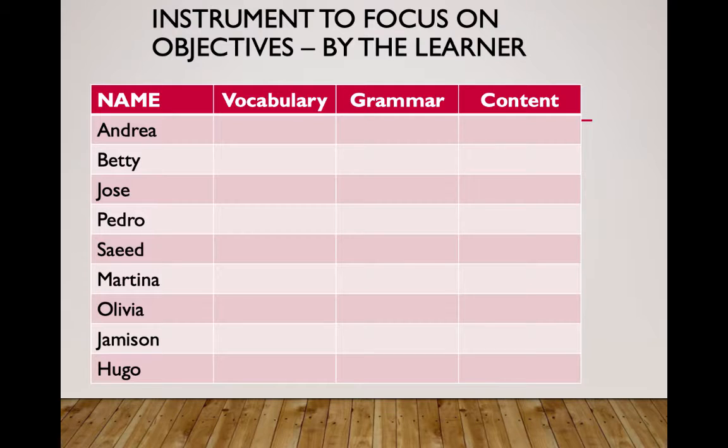Okay, use instruments to focus on objectives. This is a simple student list, and how could you use something like this? I've noted my objectives across the top there, and as we have a class discussion, I can just put a check or an X or a question mark as I see the students participate and see where they are.